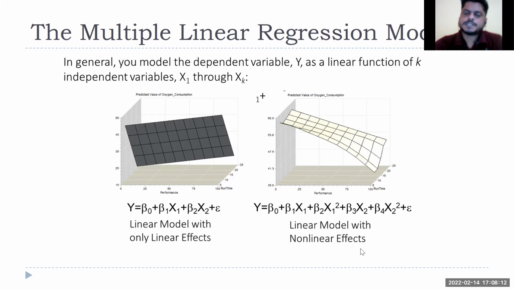So what it means is your plane or whatever line or plane which you are creating, that model will be no longer valid. I'm still creating a linear model because that is what we discussed in one of the classes. The linear regression definition doesn't mean that your variables have to be linear. So when I create that equation of y is equal to a plus bx, let's say I write that equation.